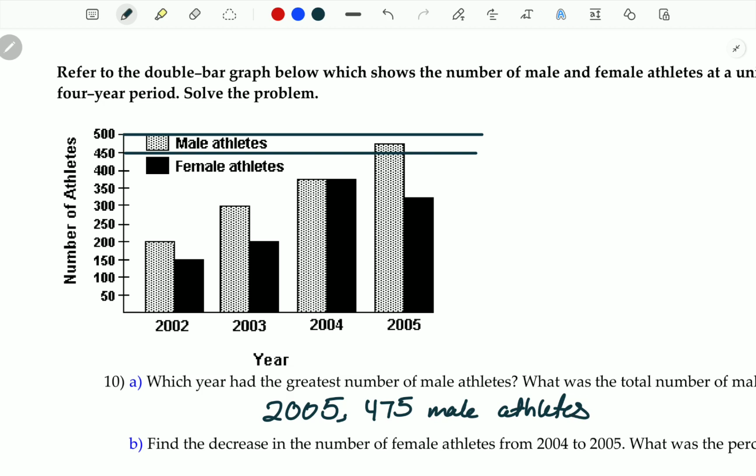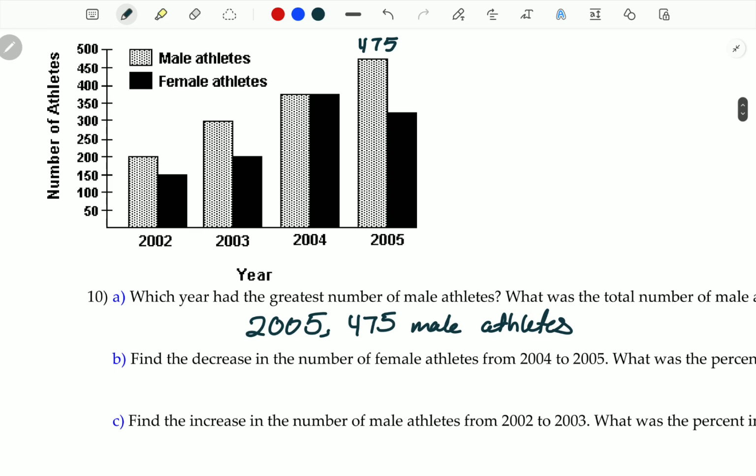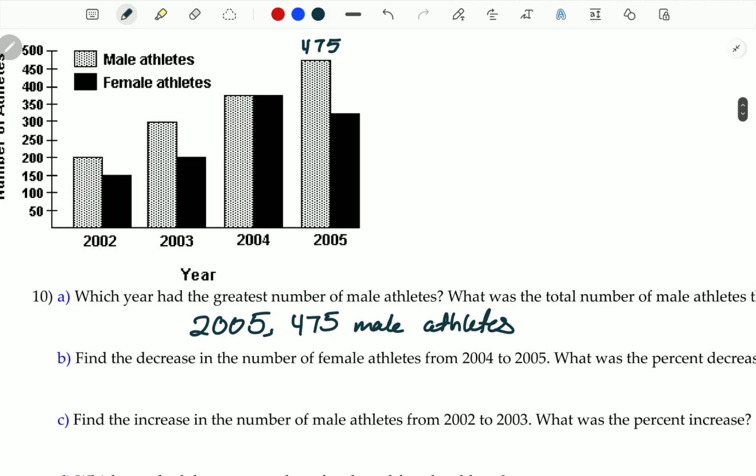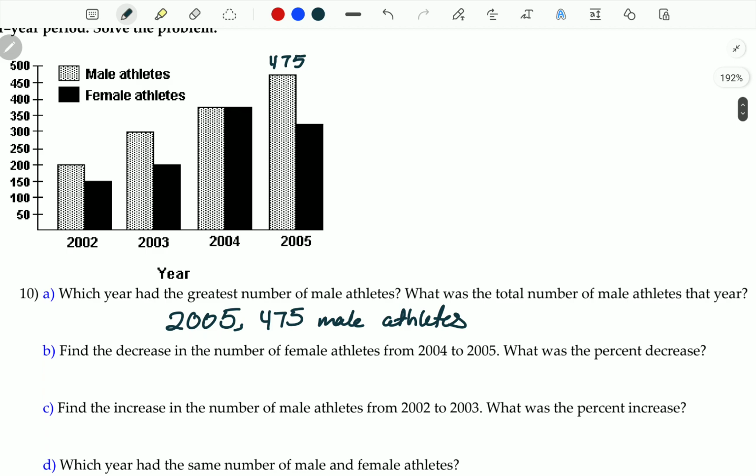Okay. And for reference, I'm just going to mark that up here. Let's answer part B. Find the decrease in the number of female athletes from 2004 and 2005. What is the percent decrease? Okay, so let's see.